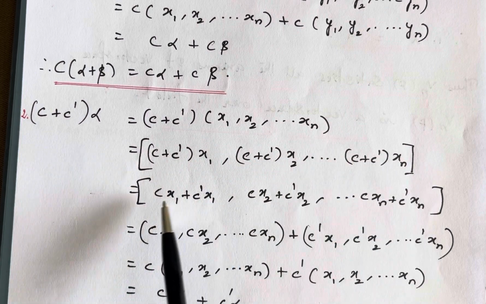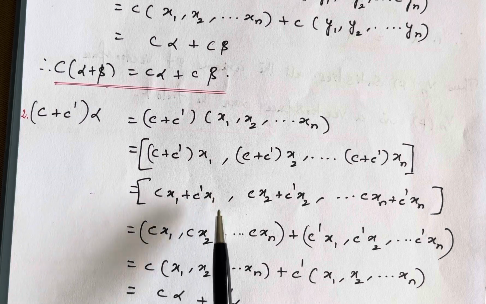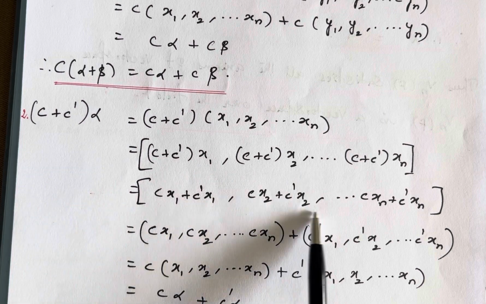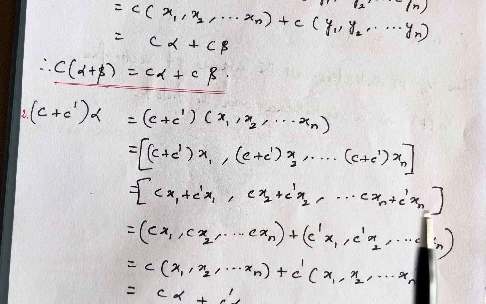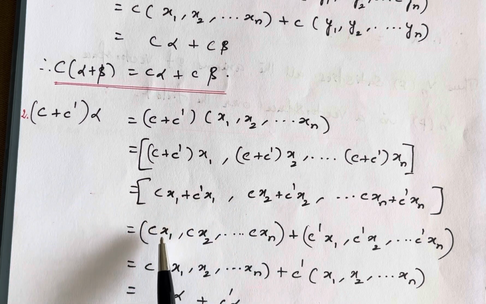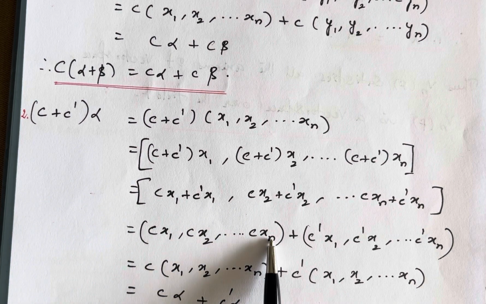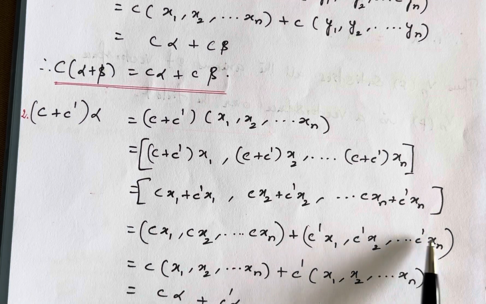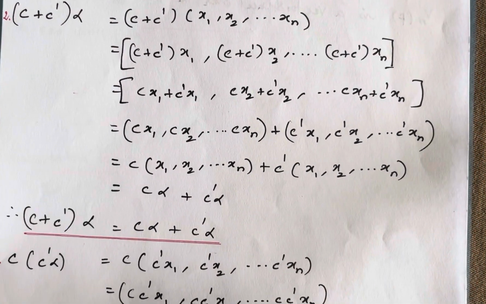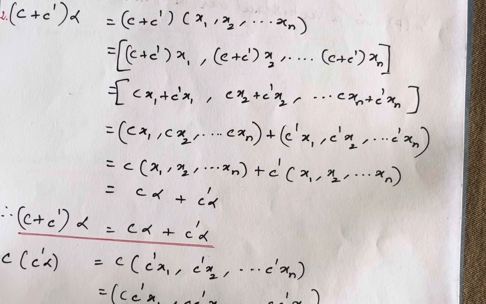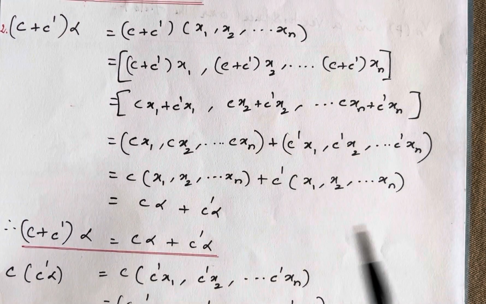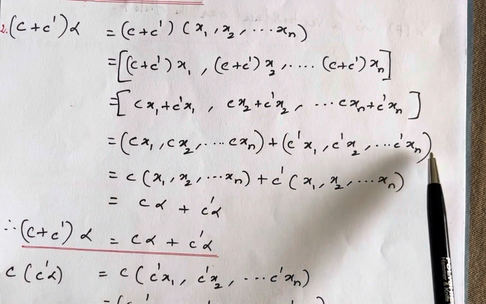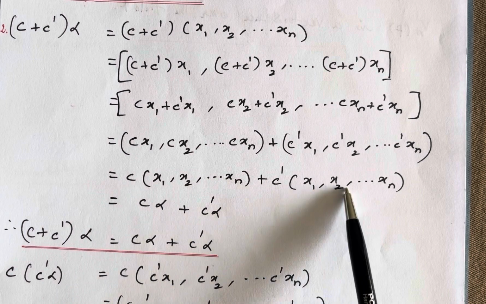Then again we can split it into cx1 plus c dash x1, cx2 plus c dash x2, cxn plus c dash xn. Then this we can split as cx1, cx2, etc., cxn plus c dash x1, c dash x2, etc., c dash xn. Again, c we can take out as common, so c into x1, x2, etc., xn, and c dash we can take out from the other part, so c dash into x1, x2, etc., xn.